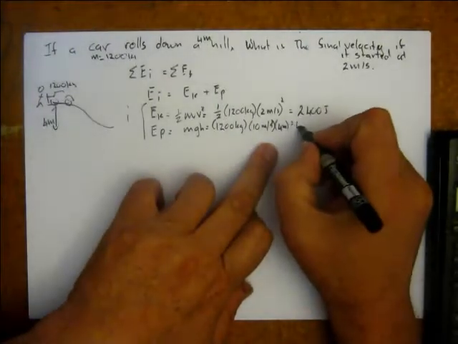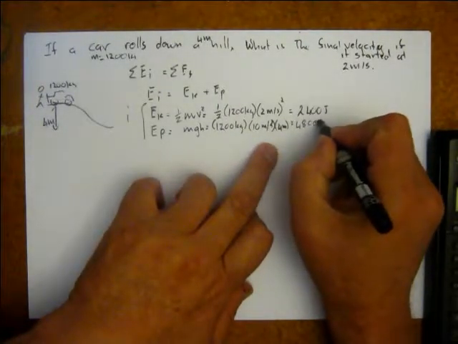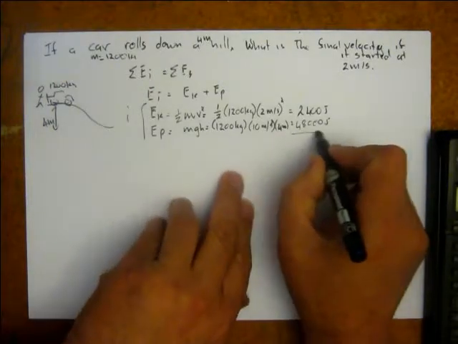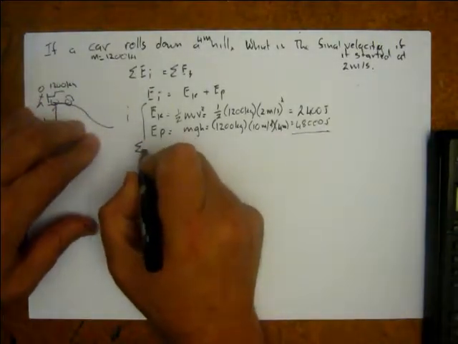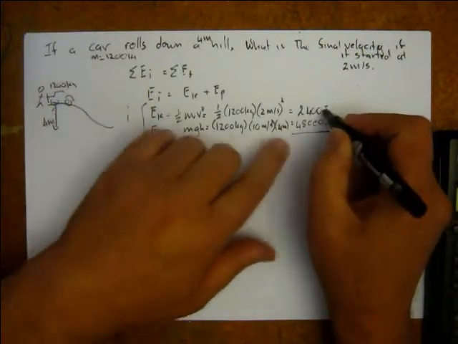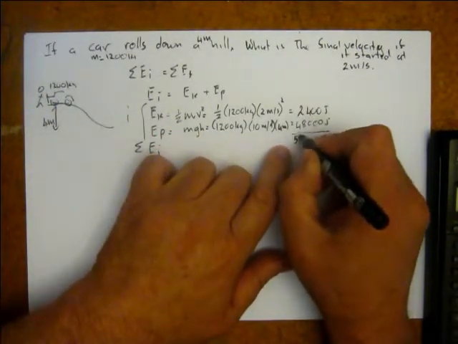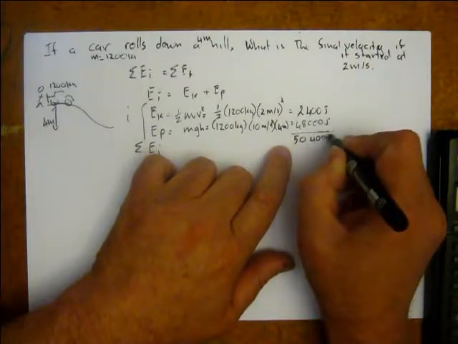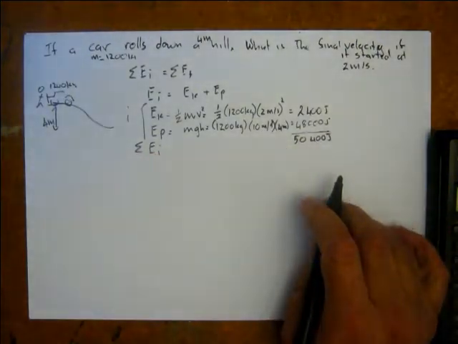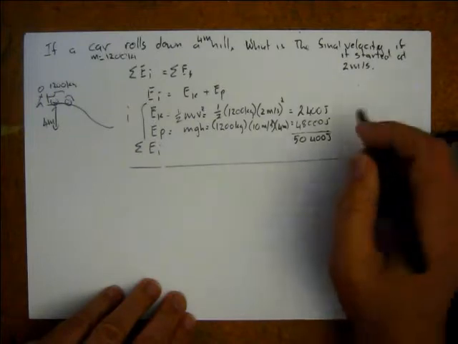Didn't even need a calculator for that. 48,000 joules of energy. So the total sum of initial energy is going to equal 48,000 plus 2,400, so 50,400 joules of energy. So this is before.